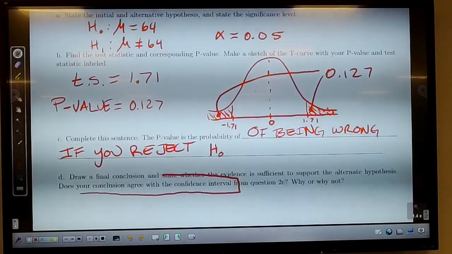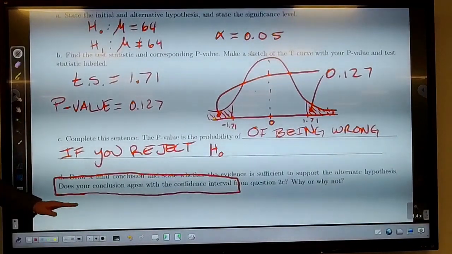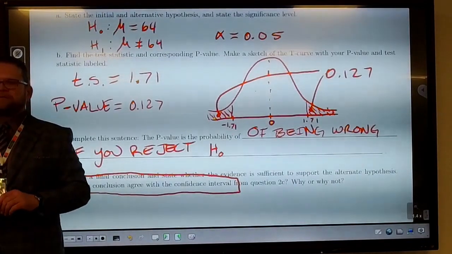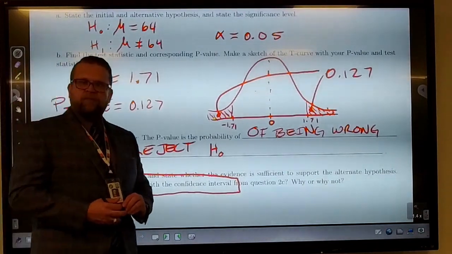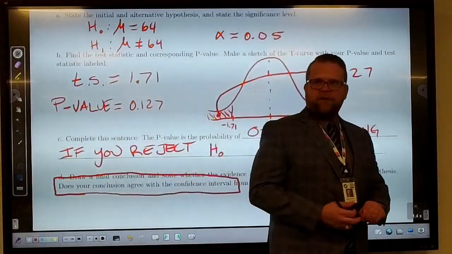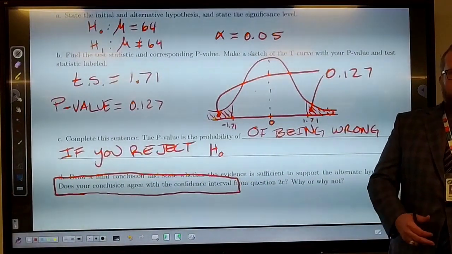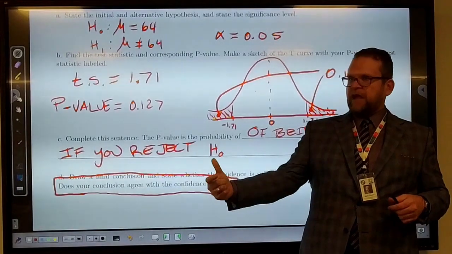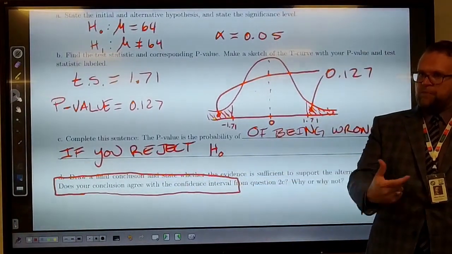The only way that you would find yourself saying that they don't agree is if you made a math error somewhere. You made a computational error. Otherwise, if your computations are correct, they will always agree. They must. If alpha is 0.05, my confidence level is 95%.